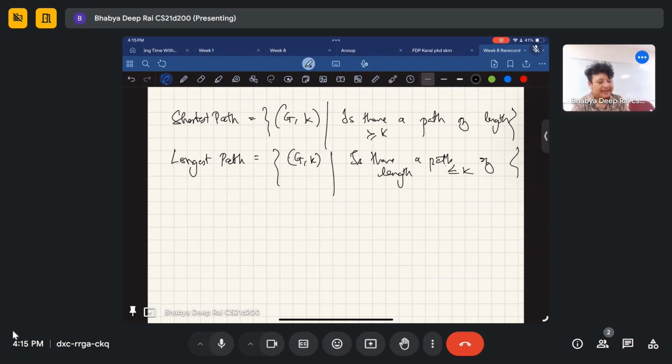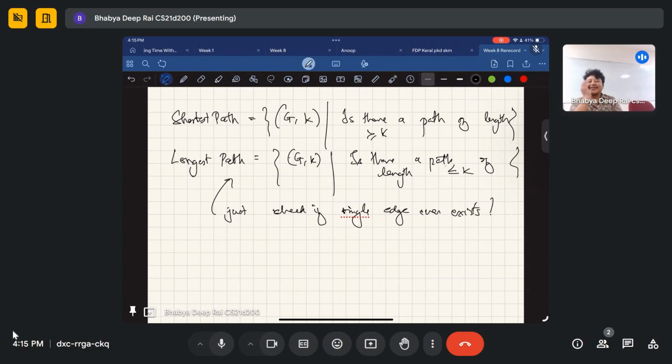So which is simpler? Well, the longest path problem can always be solved. Just check if an edge is there or not. Check if a single edge even exists.